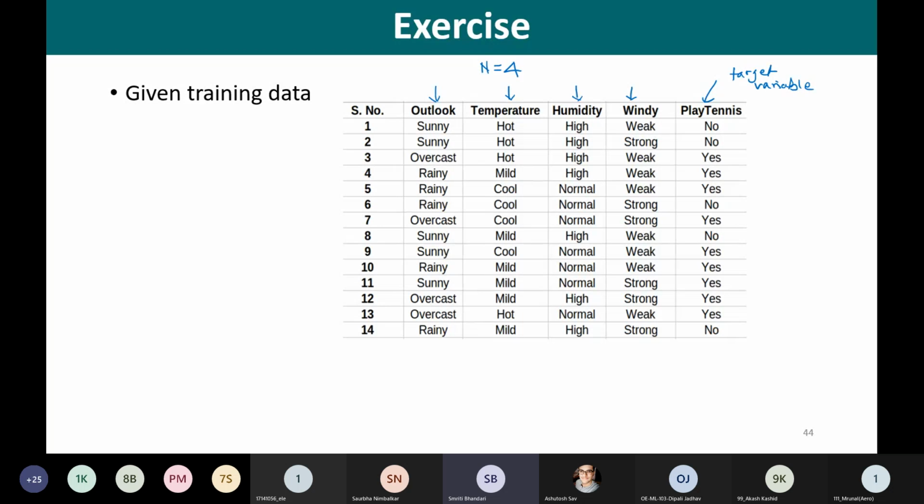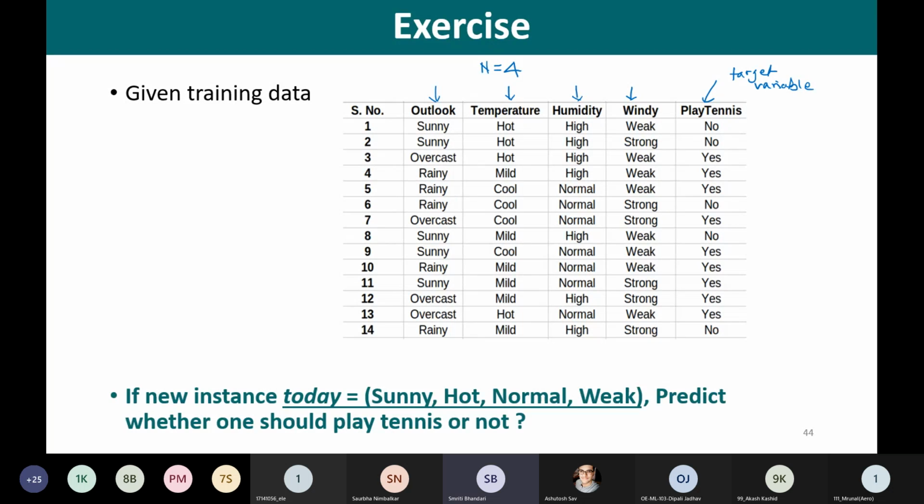So by making use of this training data, we would like to predict if we are having a new instance, say today, which is given as sunny, hot, normal and weak. So these are the 4 attribute values.